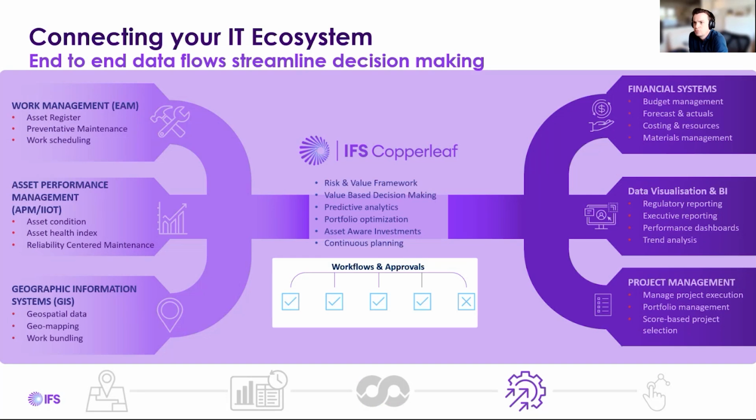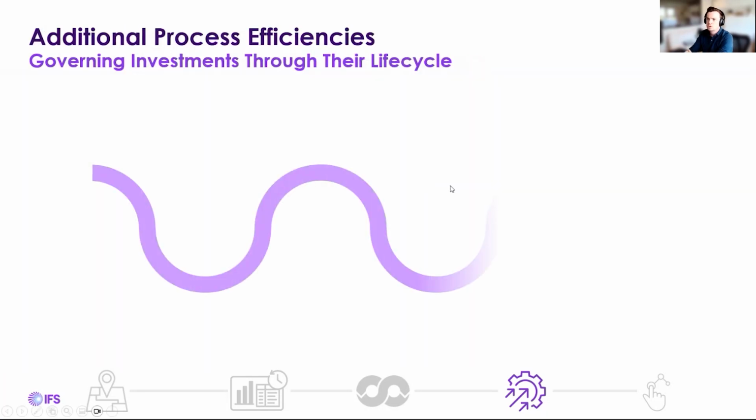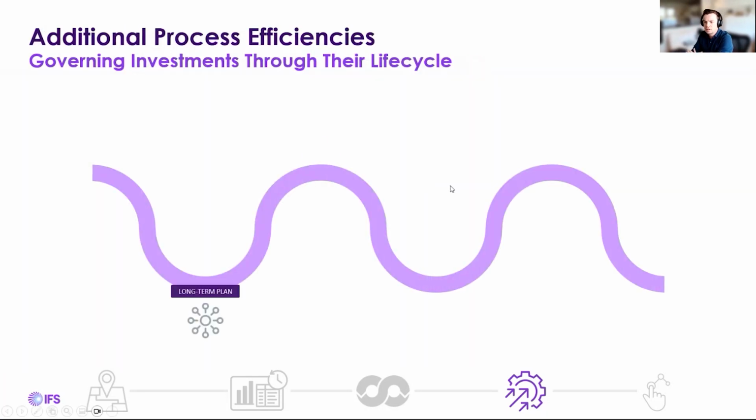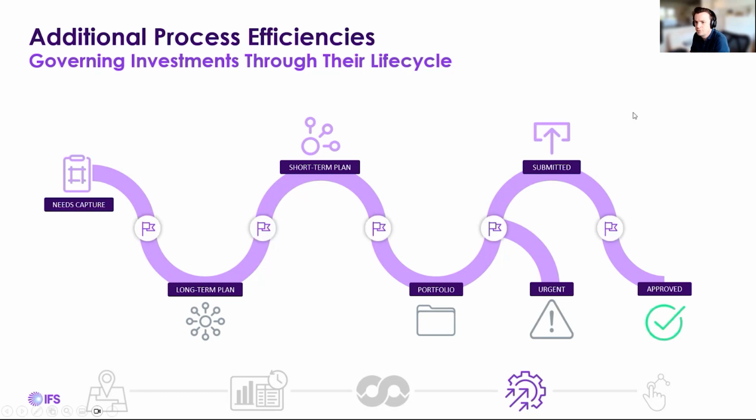Next, I'll move on to talk about process efficiency and the workflows and approvals capability that we've got within Copperleaf. So all investments have a life cycle. They'll start from an initial needs capture into a long-term, move towards a short-term, into a portfolio, and then ultimately be delivered once they're approved.